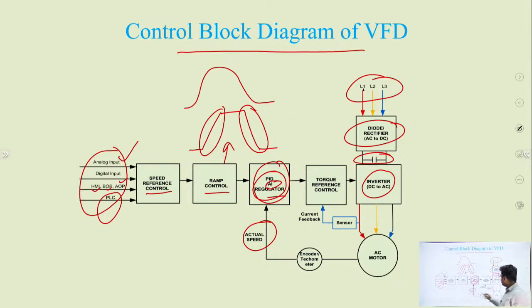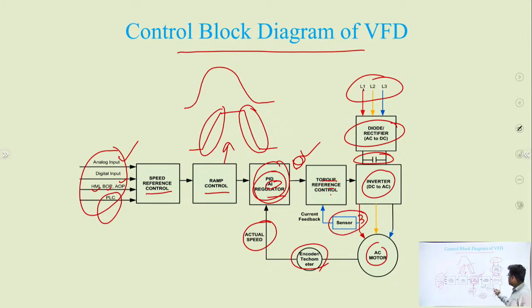That actual speed comes through either a digital input or an analog input, which can be obtained from the encoder or the tachometer. Through that comparison, the error signal is generated here. That error signal is again fed to the torque reference control. For the torque reference control we get the signal through a sensor.